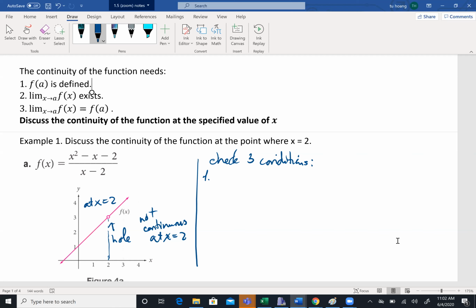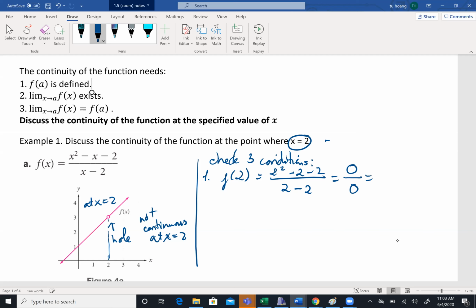What is a in here? a is 2. So I'm going to say f(2). What is that equal to? I put 2 into f(x). So I have 2 squared minus 2 minus 2, over 2 minus 2, which is 4 minus 2 on top, so it's 0 over 0.